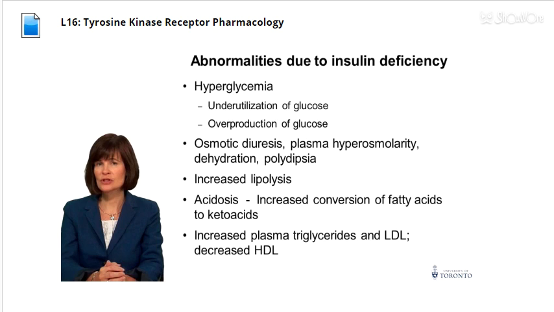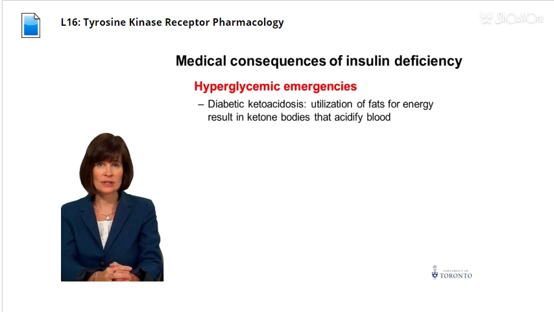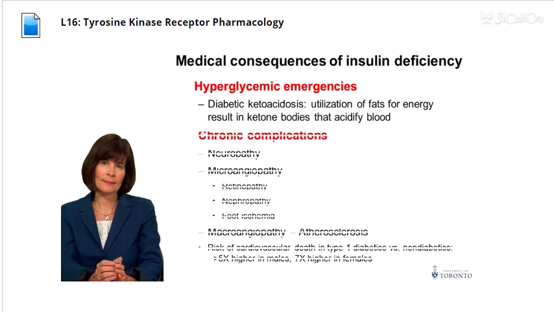Together, these metabolic changes result in increased heart disease. Emergency medical treatment is required when diabetics are severely hypoglycemic, resulting in diabetic ketoacidosis as the body attempts to utilize fats for energy. This condition will result in coma and eventual death if not treated with insulin.